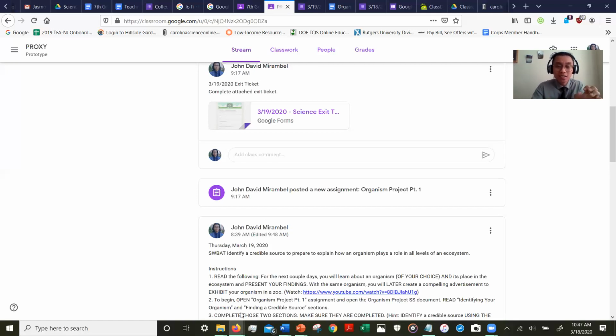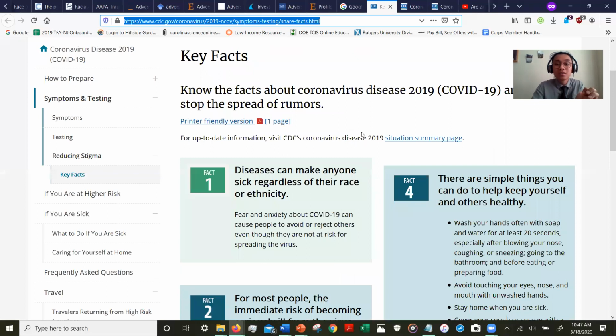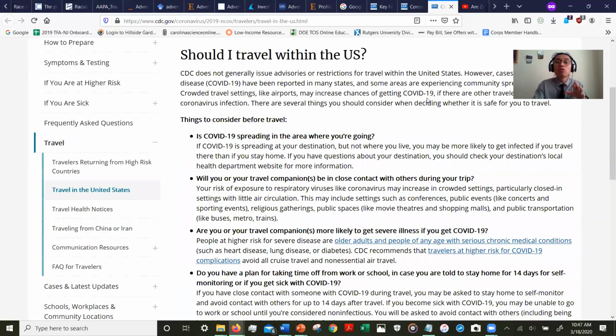Last but not least, I will put these websites on the line to make sure we're all updated as to what we are expecting and what we should be doing in times like these. Remember to wash your hands, keep basic hygiene a necessity, and remember, do not travel, and this is a suggestion by the CDC, do not travel unless you need to do so.